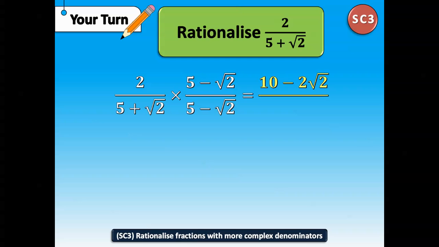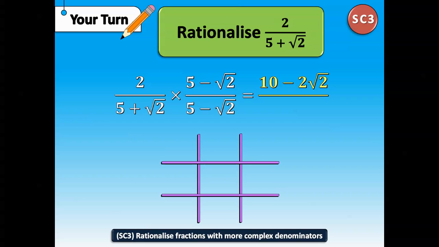2 times 5 minus root 2 is 10 take away 2 root 2. And if we use the grid method to times the bottom together, 5 plus root 2 times 5 minus root 2. 5 times 5 is 25. 5 times root 2 is 5 root 2. 5 times minus root 2 is minus 5 root 2.